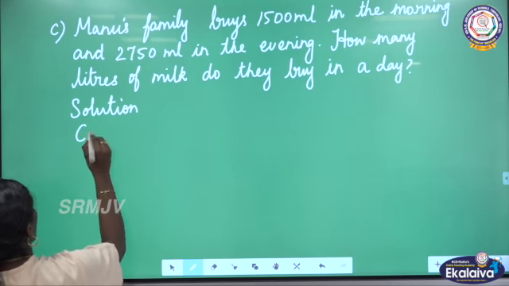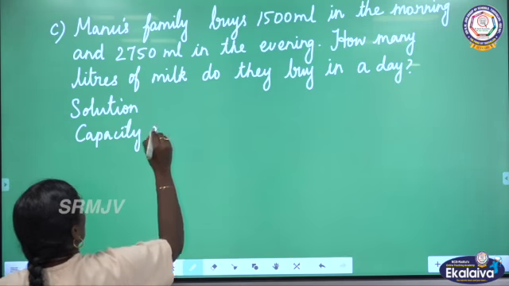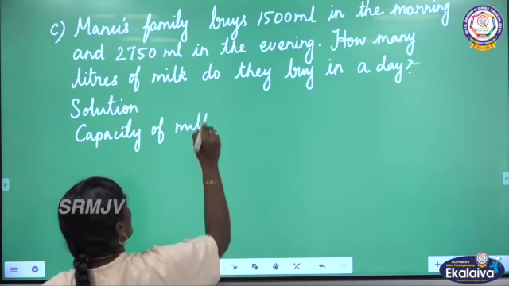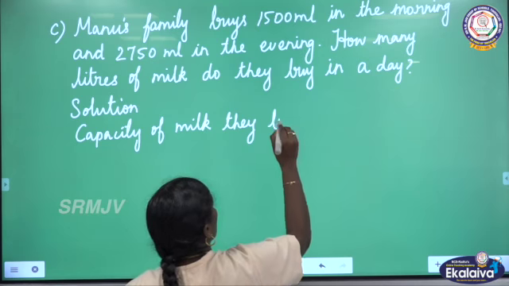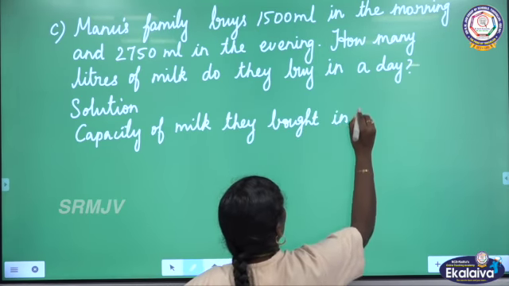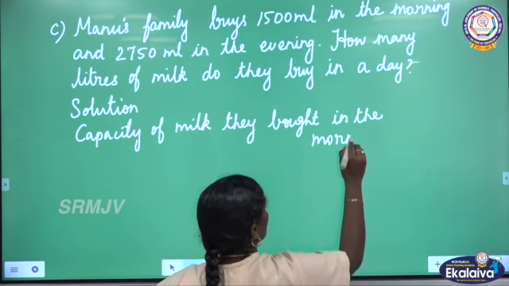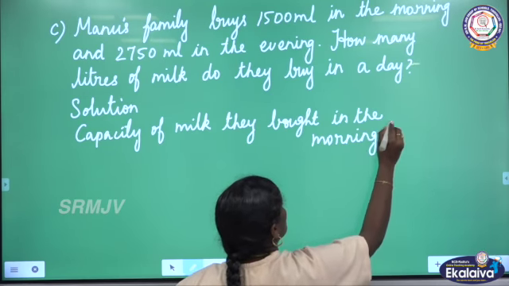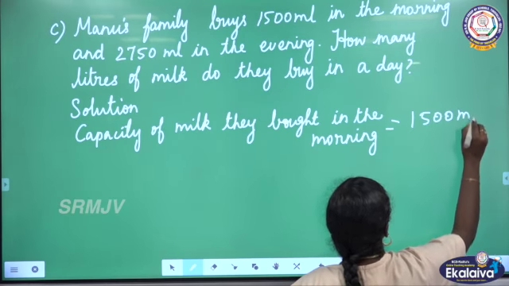Capacity of milk they bought in the morning is equal to 1500 milliliter.